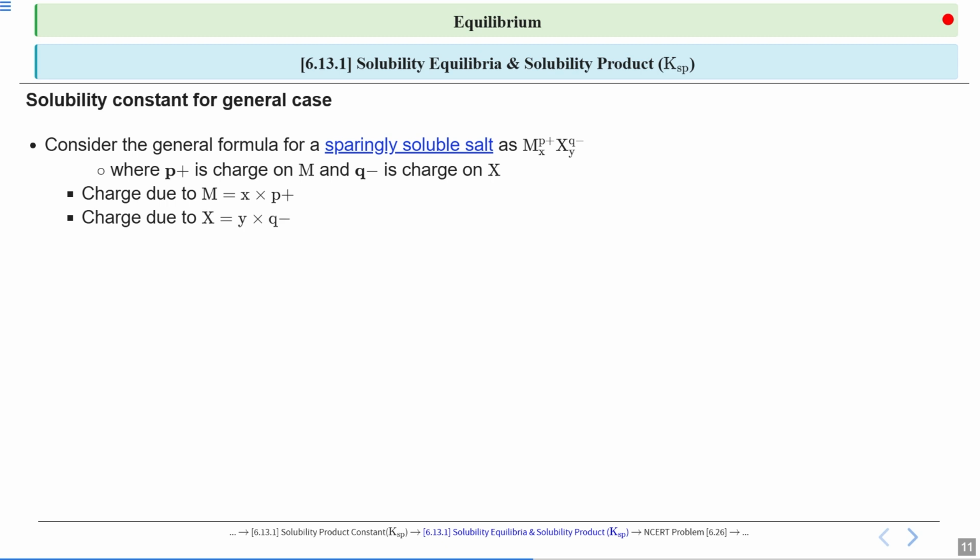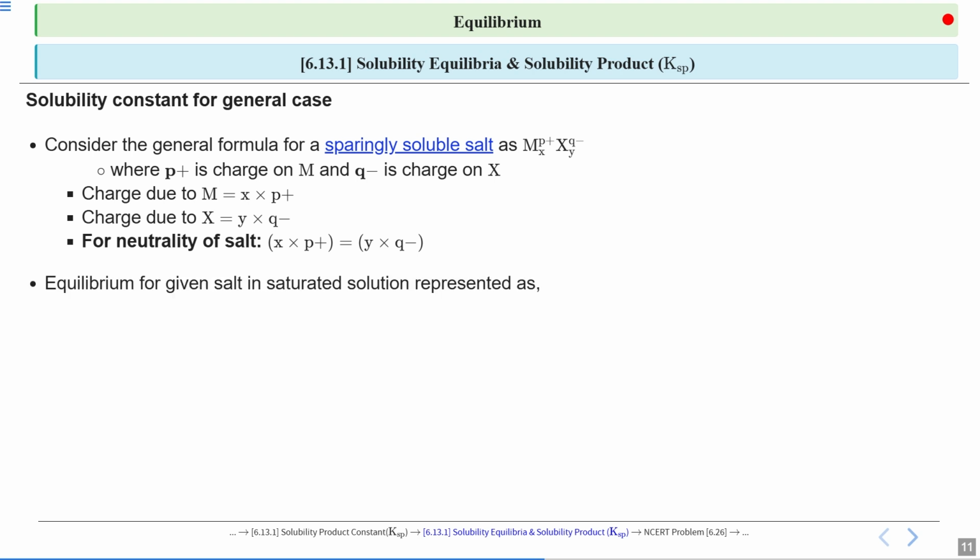Now, overall, we know that this salt is neutral, because salt is neutral, right? So we take the salt in such a stoichiometric way that its charge is completely balanced by the cation and anion. So can we say that xp+ is equal to yq-? Absolutely. So for neutrality, we can say that xp+ is equal to y into q-.